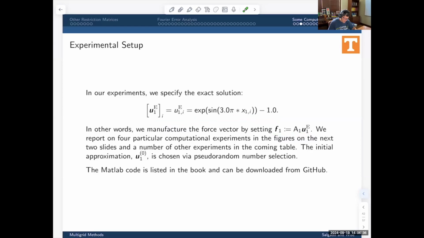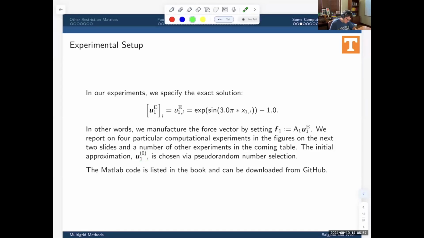But now we're going to do some computations where we forget that we know what this true solution is, and we use our two-grid solver to get an approximation. We're going to initialize our two-grid solver using pseudo-random numbers.